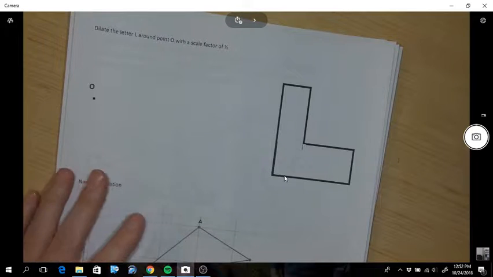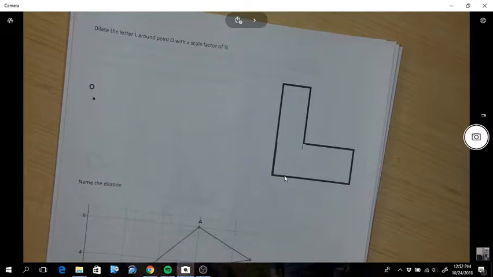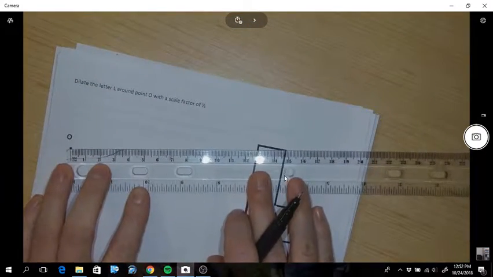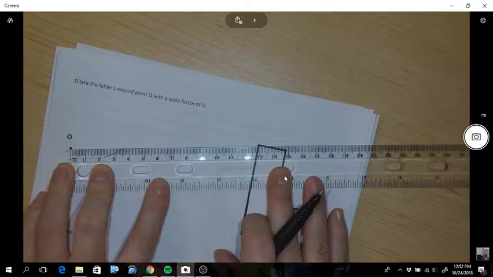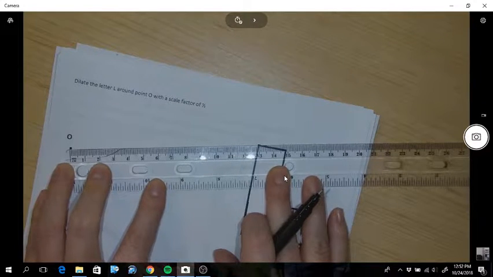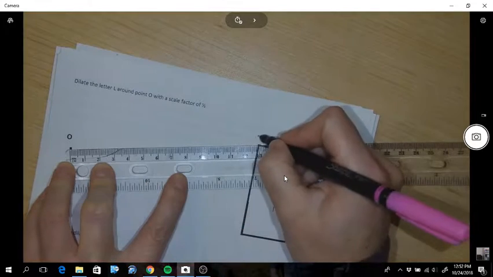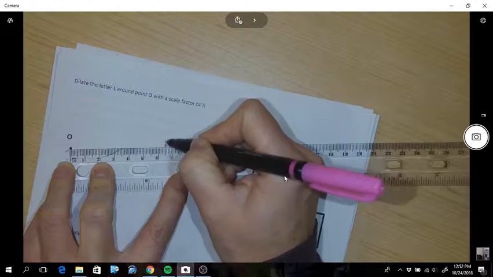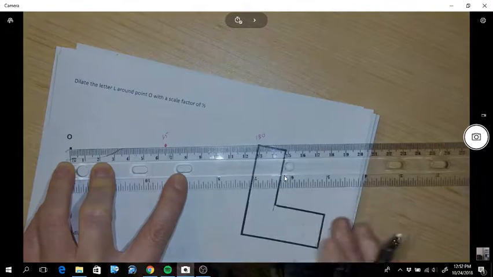Now, we're going to dilate this with a scale factor of 1/2. Okay, so now we go here and we measure from this point to here, which is 130. So we're going to go halfway. So that's a distance of 65.